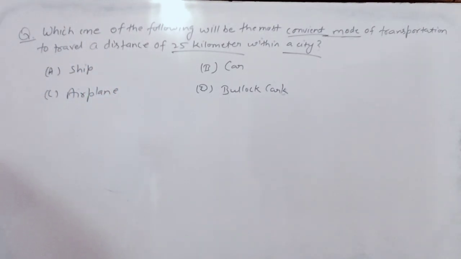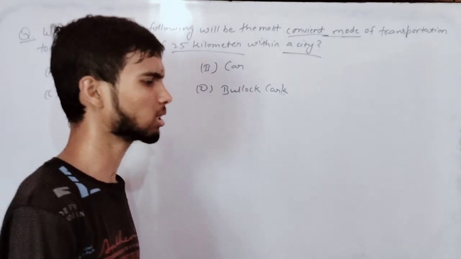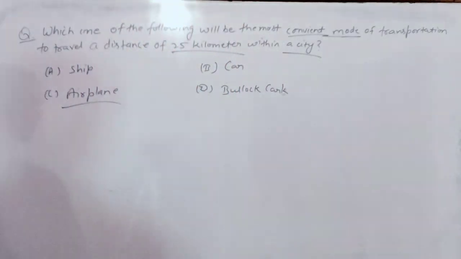Ship? No. Within a city, a ship will not be convenient. Car? Yes, it can be a convenient mode of transportation to travel 25 kilometer within a city. Even we can travel more within a city with a car. Airplane? No. For a city, an airplane will not be convenient.